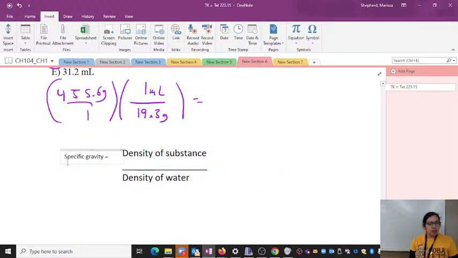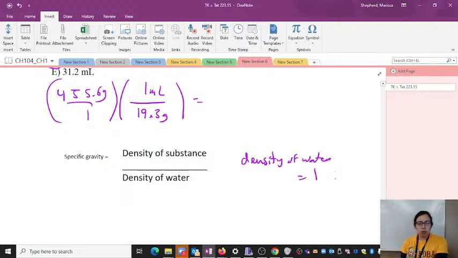Sometimes you may see this term come up, which is called specific gravity. All this does is compare the density of a substance to another density, and usually it's water, which is kind of silly. Of course the density of water is just 1 gram per milliliter.